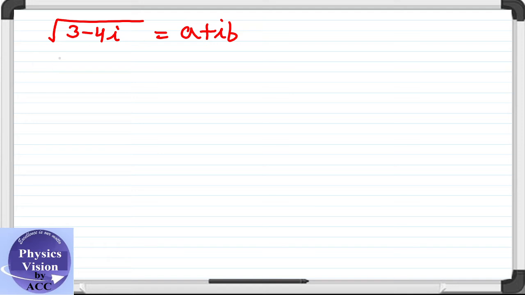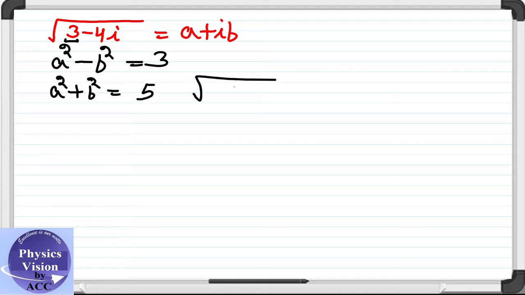Since we know, in order to calculate its square root, the first formula is a squared minus b squared equal to 3, which is found by comparing the coefficients after squaring both sides. So a squared minus b squared is the real part of this number, and a squared plus b squared will be equal to 5, which is the square root of the first coefficient squared plus the second coefficient squared.